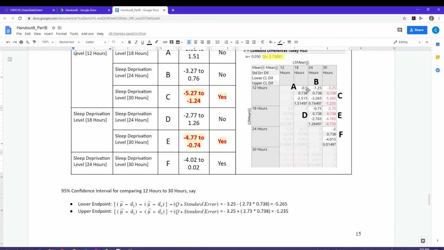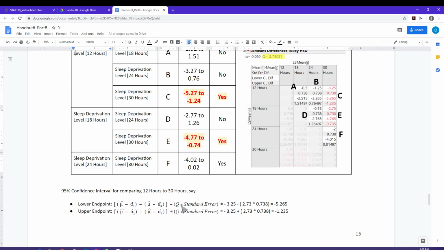That difference there is negative 3.25. That's what's being provided here as the top value in each cell, is how different are the two means. So between 12 and 30, they're about 3 apart, 3.25 apart.